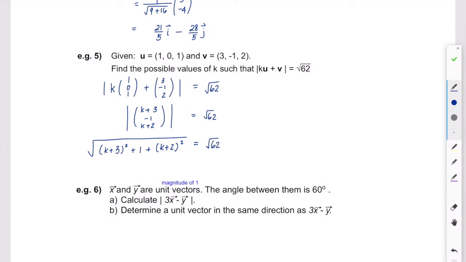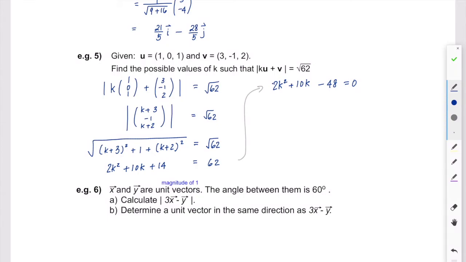So by comparison, the radicands should equal each other. So what do we have here? k squared, another k squared, 2k squared. Plus 6k plus 4k, so plus 10k when I expand both brackets, right? I have 9 plus 1, 10, plus 4, plus 14 equals 62. So making more room on the side. Here I have to solve a quadratic, so 2k squared plus 10k, 14 minus 62, that's negative 48, equals 0.